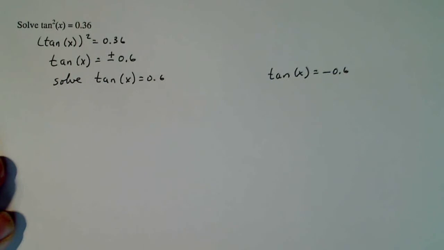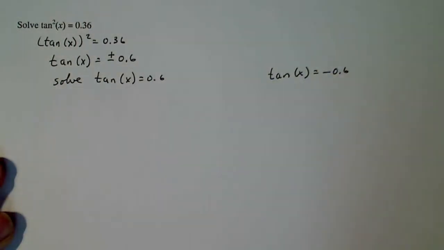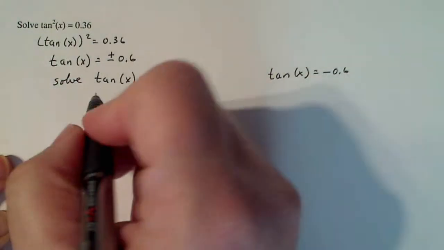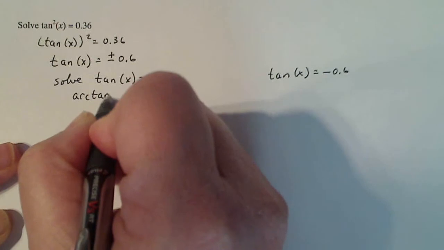Okay, now these numbers here are not numbers that you see as standard numbers on a unit circle. So we're just going to use the inverse trig functions to solve for this. So in this case, I'm going to take the arctan of both sides.